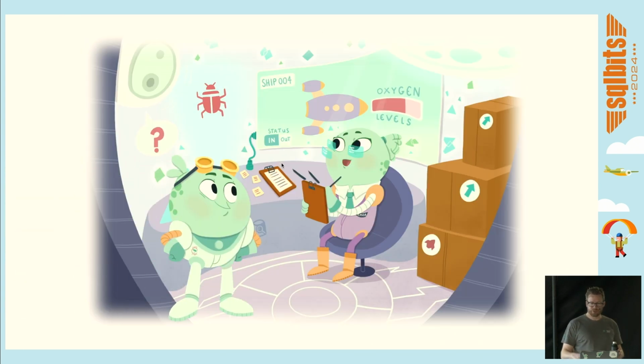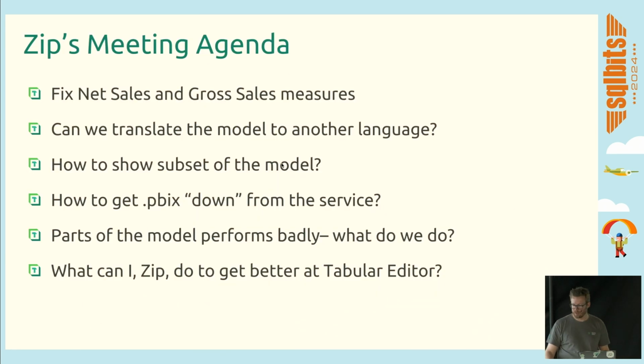So the role-playing was going to be that one of us was going to be Borb, one of us was going to be Zip. We're going to have a meeting, and the agenda for the meeting is here. And I'm just going to take up my notes as well, so I don't forget everything. We're going to go through a new proposed workflow for fixing measures.